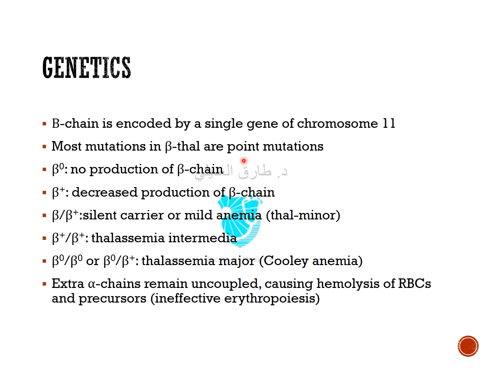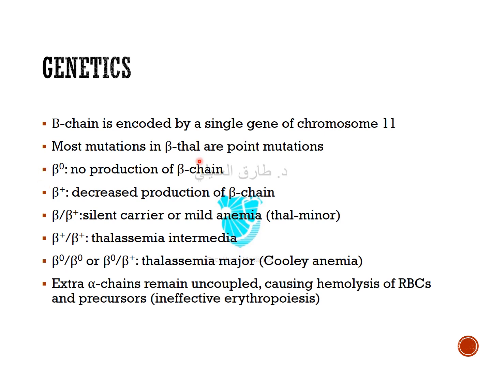So we have so many types of beta thalassemia because every mutation gives a certain degree of deficiency and alters the function of the gene differently. There are more than 100 types of mutations in beta thalassemia. Now, in general, if there is no production at all in the gene, we call it beta 0.